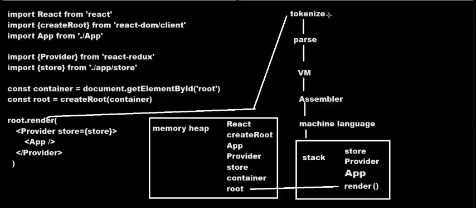The reducer has output state. When we render App and other children of App, they find the state, the initial state, in the output of the reducer. Provider finished rendering, the store is created, and now App is called.